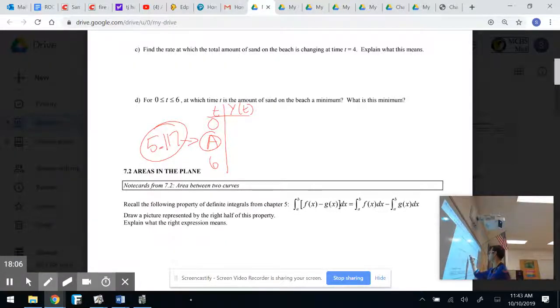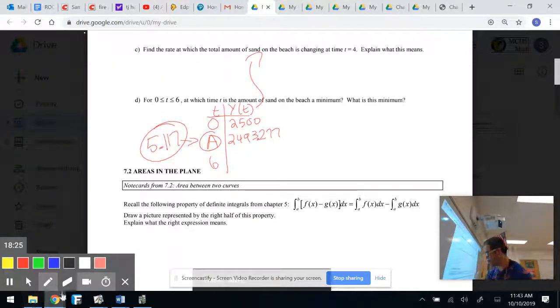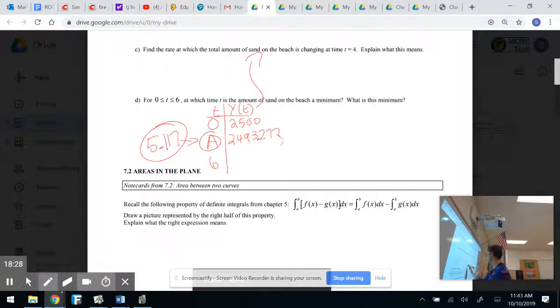If I put a 0 into my y of t function, it'd be 2500. If I plug an A in there, I get 2492.369. And if I plug a 6 in there, oh, shame on me. Let's erase that. This was for 6, and A was this. It was different in my notes. 2492.369.